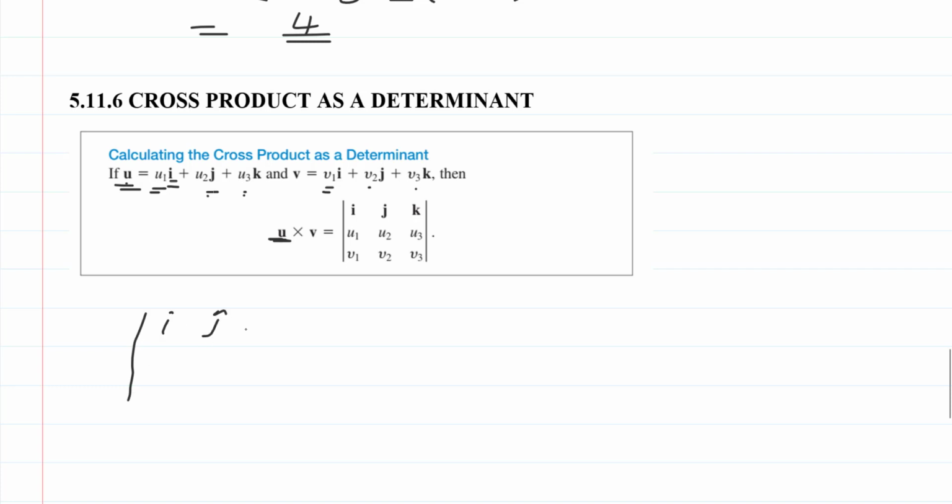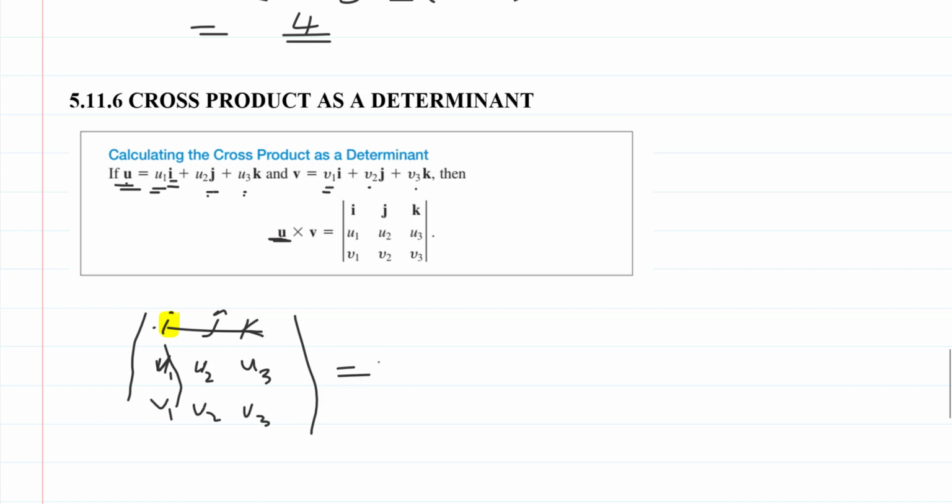So now we have i, j, k, u1, u2, u3, then v1, v2, v3, and we're getting the determinant there. Like we said, if i is our pivot, we cancel its row and column and remain with the rest.